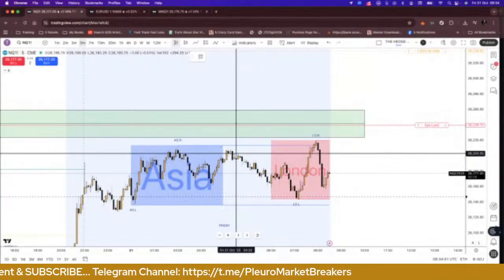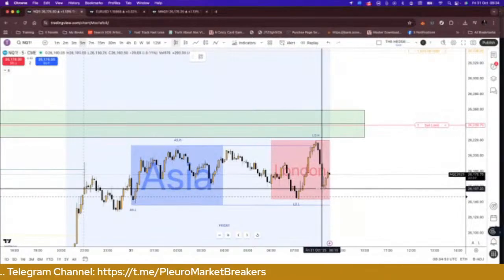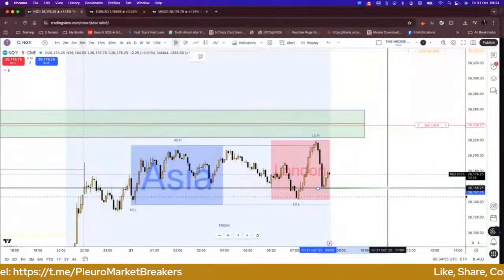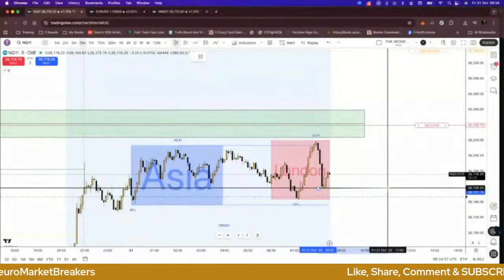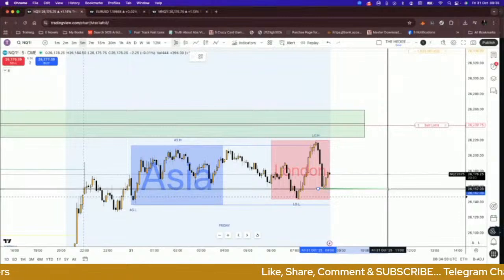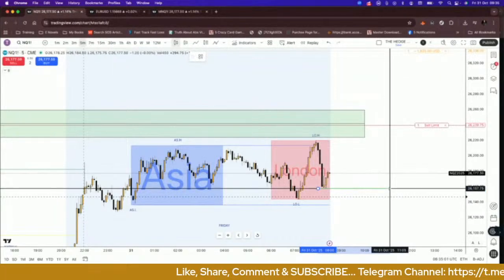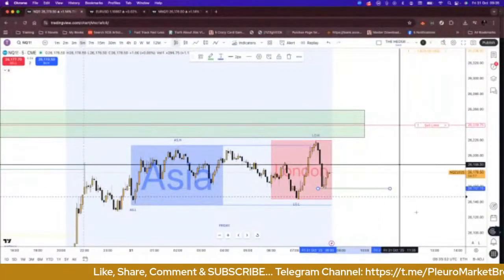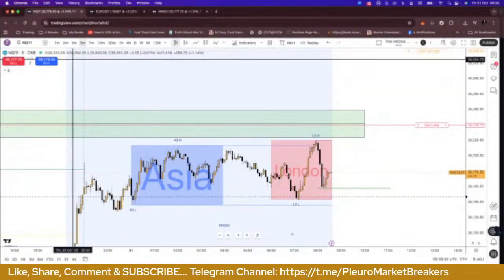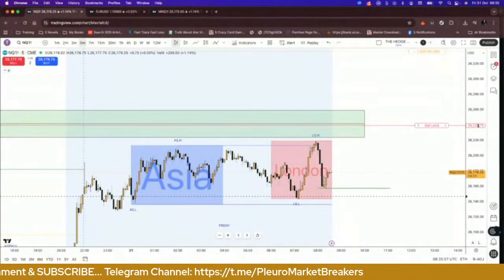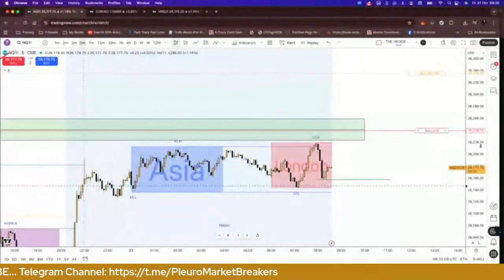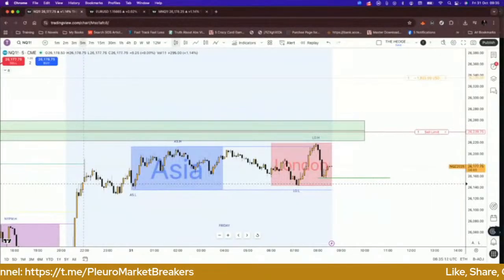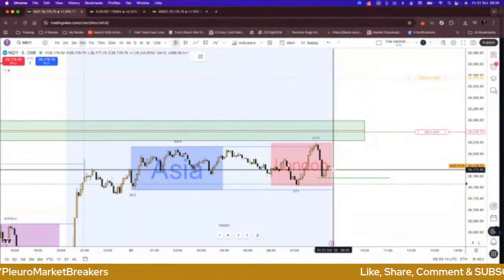So we've taken out the high of Asia, great. If this low goes, something like this is what I would be looking for. That's assuming we're short.